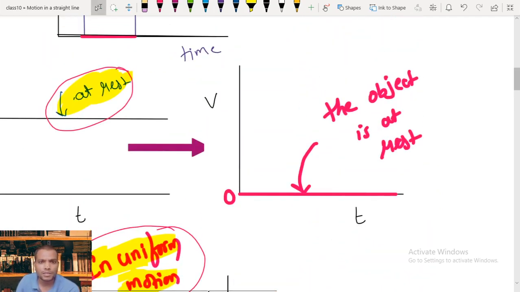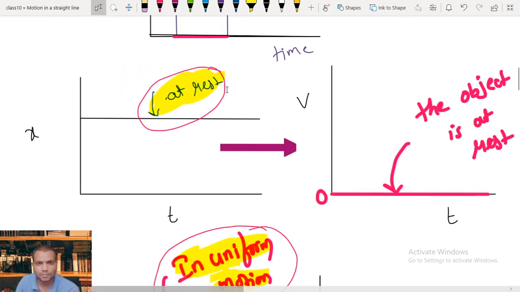And if the object is at rest, the velocity versus time graph is also a straight line, but it lies on the time axis at 0 itself. So this is how we draw the position versus time graph to the velocity versus time graph.